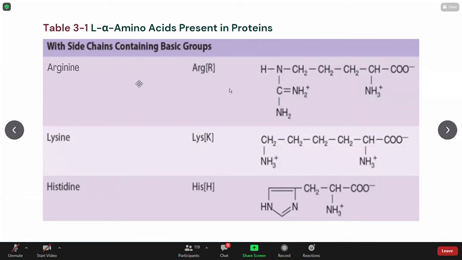Okay, that's arginine. So this is positively charged. Lysine as well, so you can see it here, positively charged. Histidine is also positively charged. It's positive here.